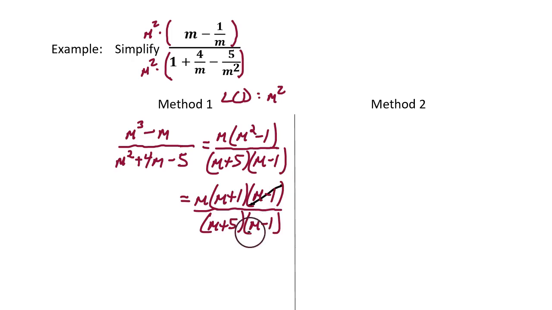Then cancel the m minus 1 factors. We can see the final result is m times m plus 1 over m plus 5.